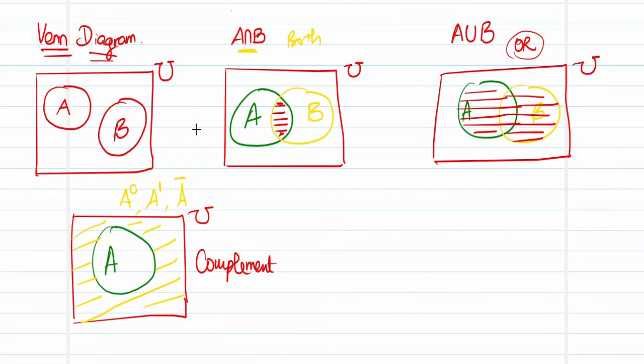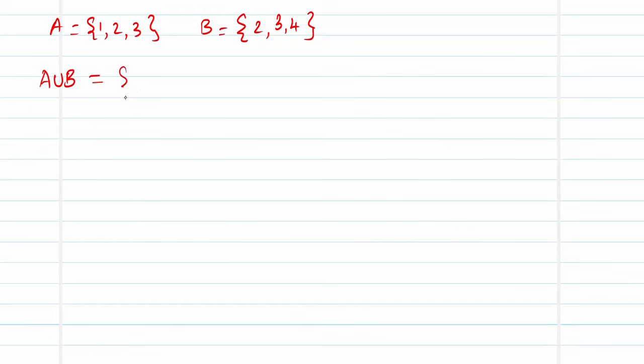So this is how we can represent the relationship between sets pictorially, and we call this by the name Venn diagram. Now let us move on to some problems. Let A be the set which is the collection 1, 2, 3. Let B be the set, the collection 2, 3, 4. Let me have A union B, the collection of elements of A or B. It can either be in A or in B. So I will take elements of B now.